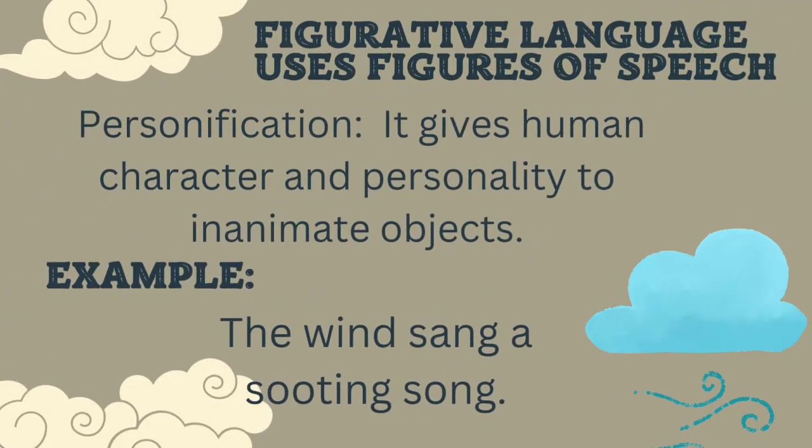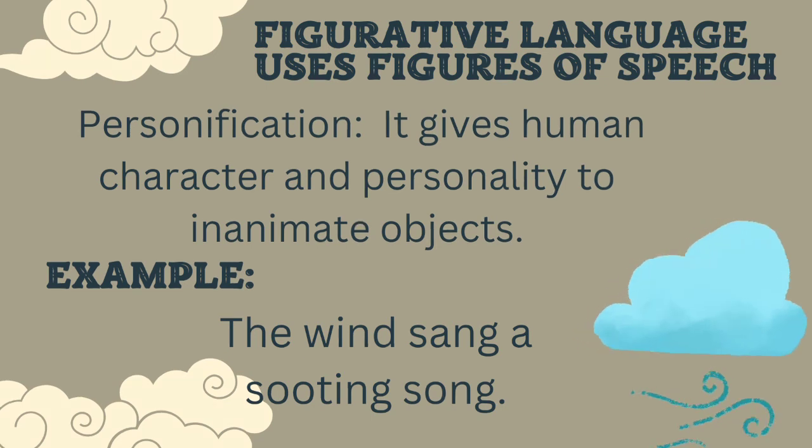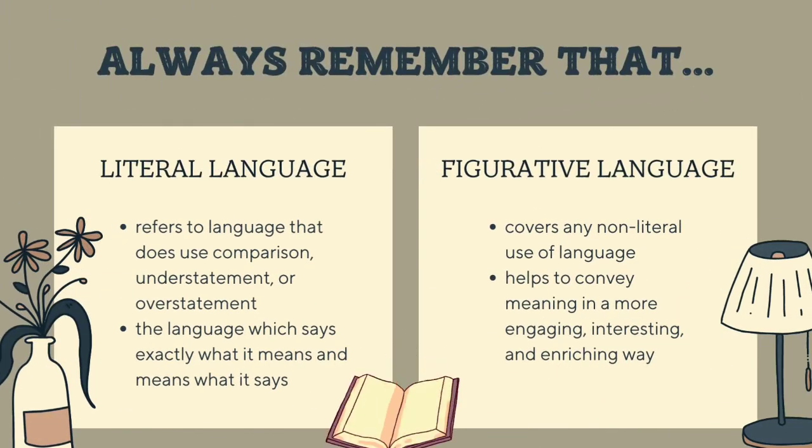So let's proceed to personification. It gives human character and personality to inanimate objects. For example, the wind sang a soothing song. This figuratively refers to the calming sound of the wind. The wind is not literally singing a song. So those are the examples of figurative language.